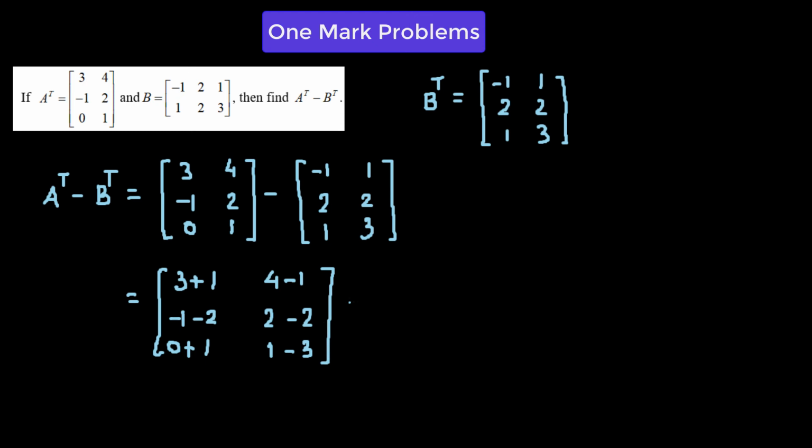So let's solve this. 3 plus 1 is 4, 4 minus 1 is 3. Negative 1 and negative 2 gives us negative 3. 2 minus 2 gives us 0, 0 plus 1 gives us 1, 1 minus 3 gives us negative 2. So that is the value of our matrix.